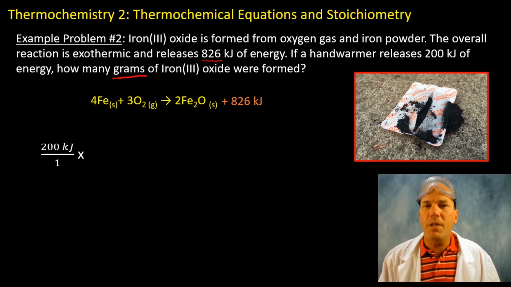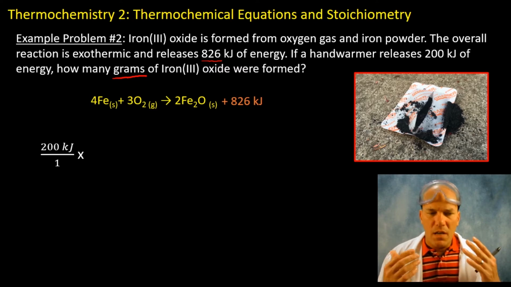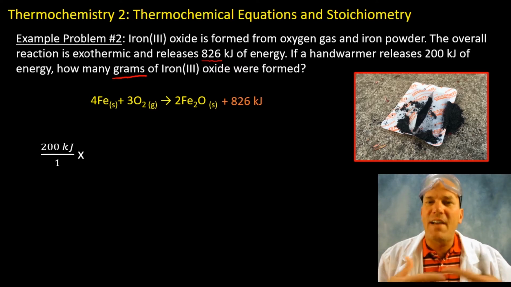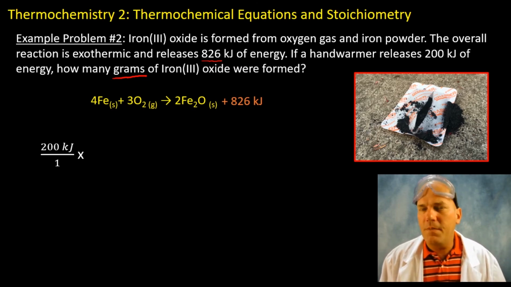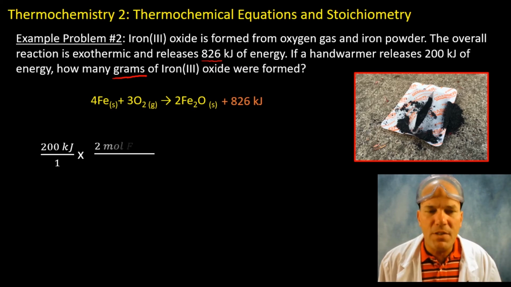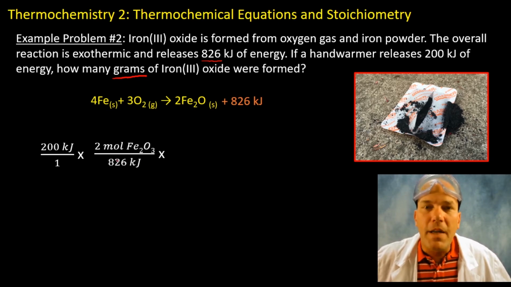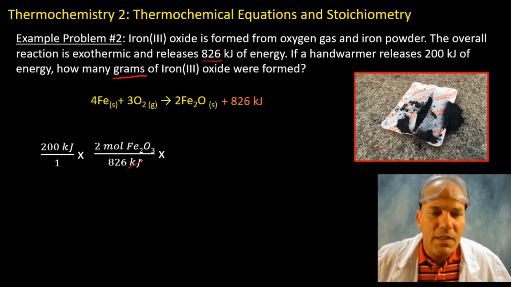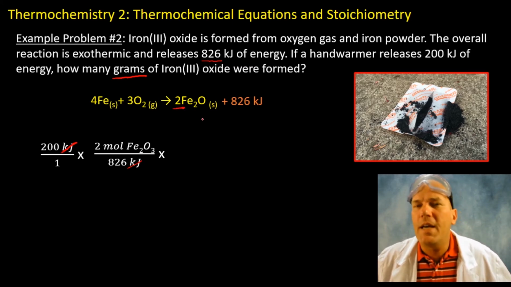Let's start with what we know. 200 kilojoules of energy are evolved or given off to the surroundings. So we need to factor that out. So using dimensional analysis, we can say, hey, for every 826 kilojoules, it requires 2 moles of iron 3 oxide.